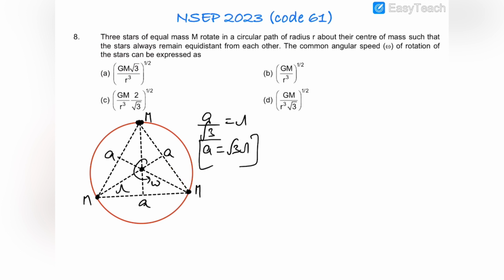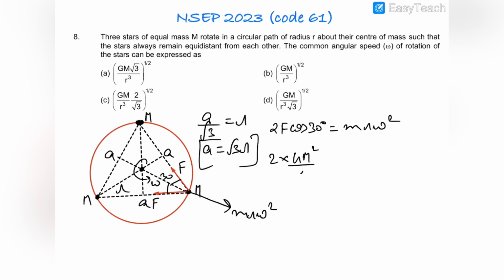This is the force acting by this mass on this mass, and the force acting on this mass due to the other mass is this, and these two forces are combinedly providing the force m r omega square. This angle is 30 and this angle is 30, so 2f cos 30 is equal to m r omega square, where f is G m square by a square, and cos 30 is root 3 by 2, where m is any one mass.